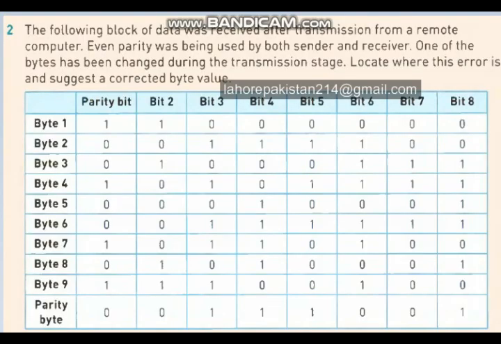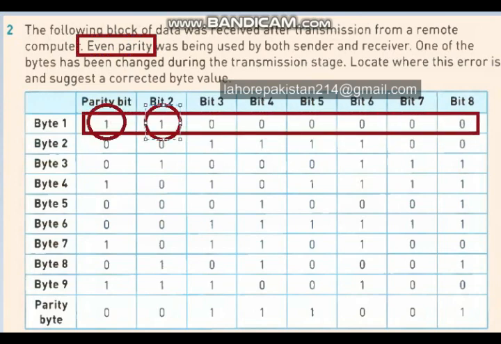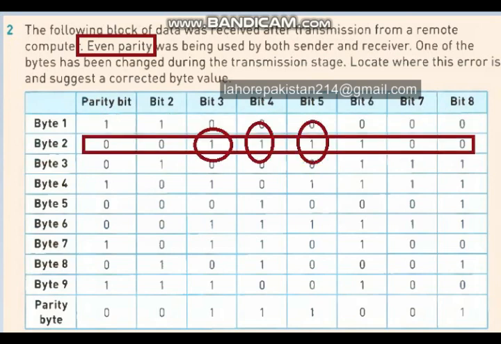Now let's start solving question number 2, in which an even parity was required. Let's check the parity of the second part. We will check the parity of all the bytes first. 2 is an even number, so there is no mistake in the first byte. 4, which is an even number, so there is no mistake in the second byte.